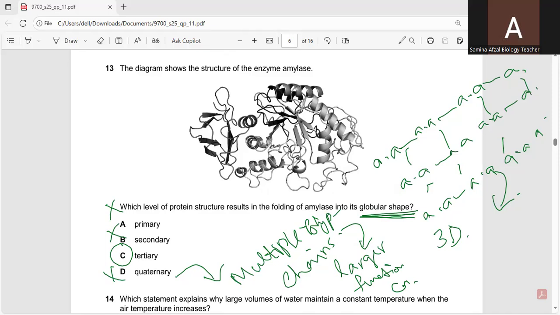So according to this, in tertiary structure the globular shape is formed, which can also be the 3D structure. So according to this, C is the correct option.